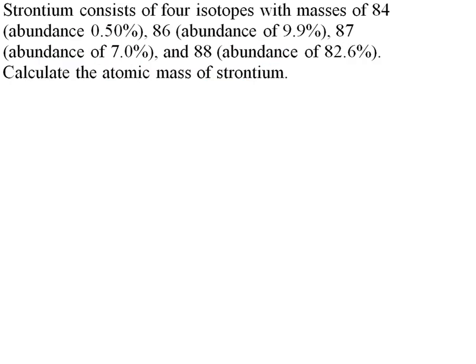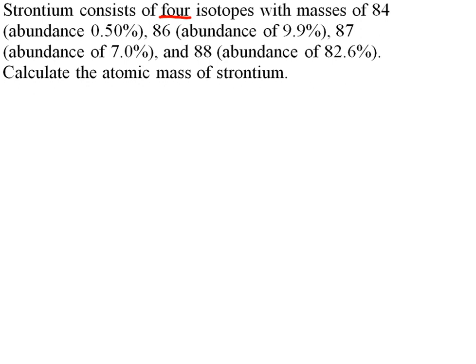Strontium consists of 4 isotopes. So now we don't have just 2, we have 4 of them. The isotope masses are 84 with an abundance of 0.50%, 86 with an abundance of 9.9%, 87 with an abundance of 7%, and 88 with an abundance of 82.6%.